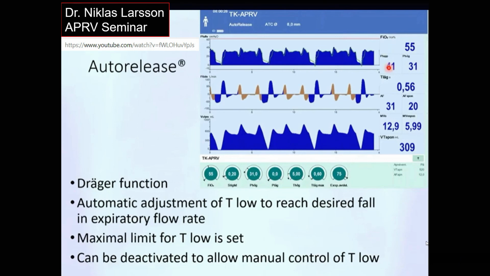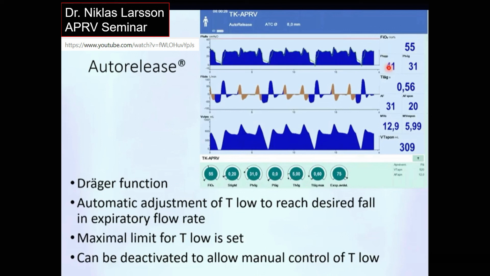Now, some vents, such as the Dragers, have a feature called auto release, allowing one to automatically adjust the T-low to maintain it at a set EFT to EFP ratio. So on the Dragers, you can actually set this auto release such that the T-low will fluctuate and change based upon the expiratory flow patterns.